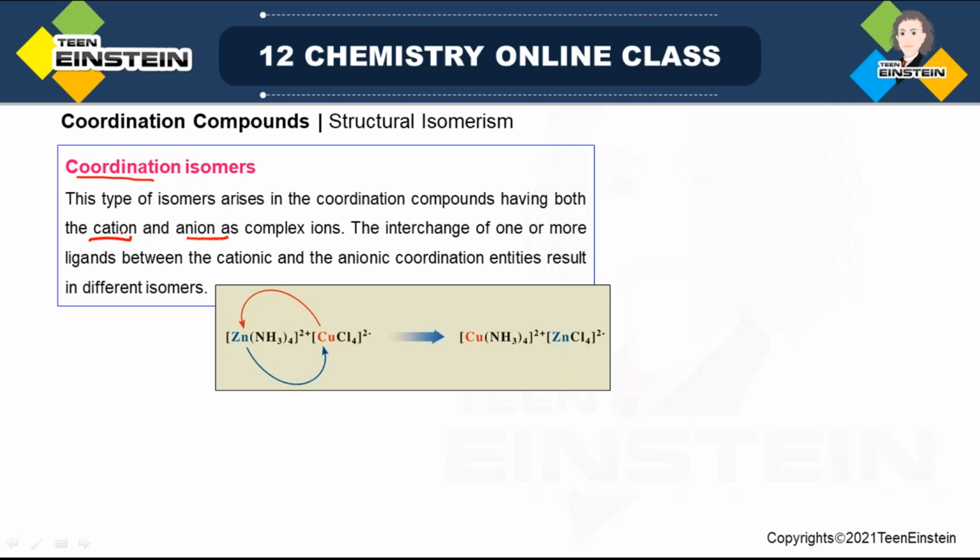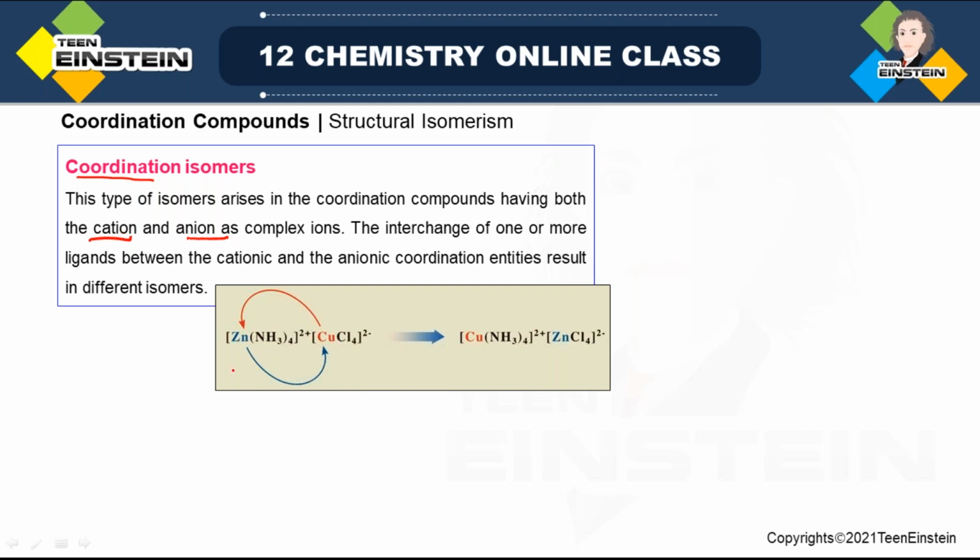How does this isomerism generate? There is interchange of one or more ligands between the cationic sphere and the anionic sphere, or you can also say it is the exchange of metals. Both are fine, but the metals may be the same in both the cationic and anionic spheres, or they may be different.